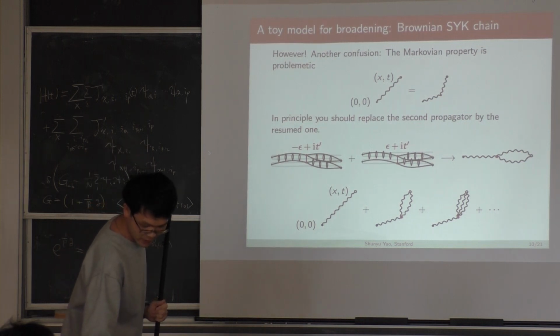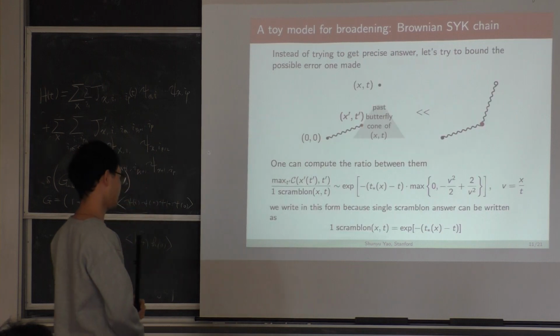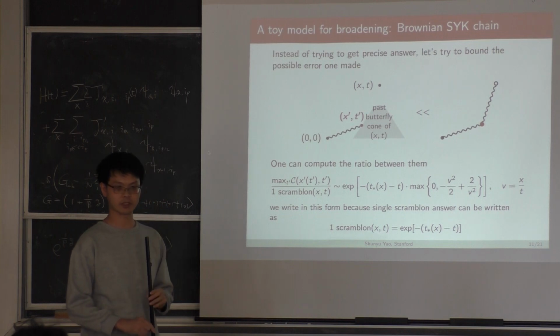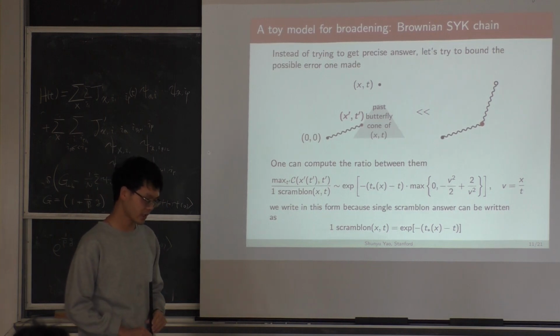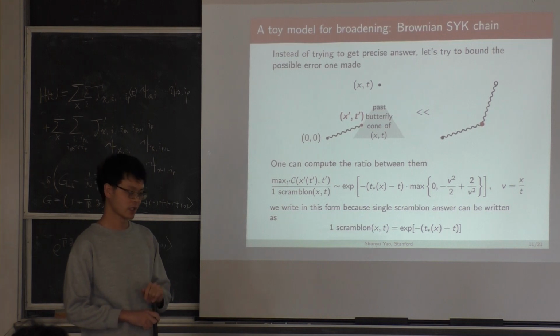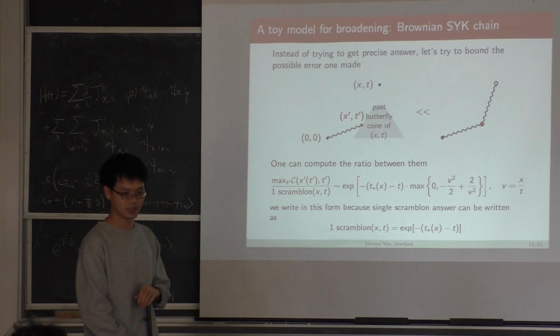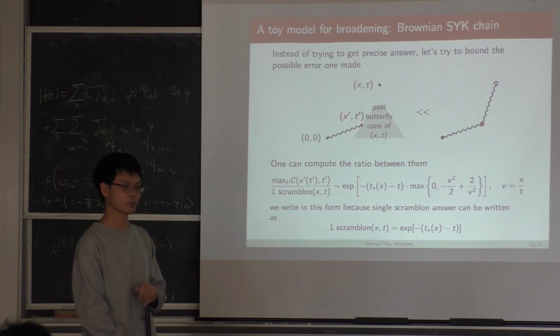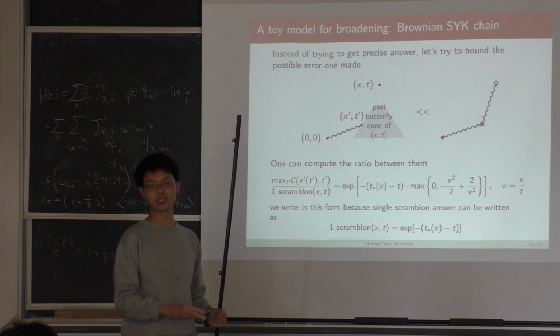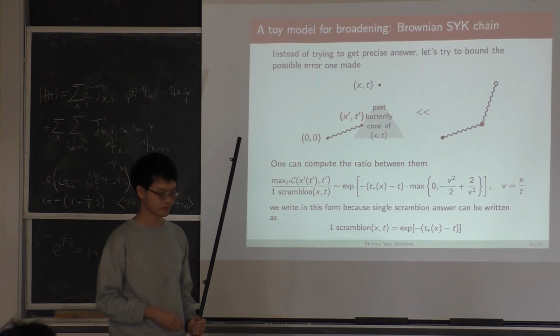Okay, so that's a lesson here. But what we are trying to do is, originally we talked about this single scrambling propagator, this HH propagator, and we say that it gives you a sort of sharp control by saying that HH propagator is equal to some order 1 number. But now what we study from the last page is that propagator itself cannot be precise, because that propagator satisfies this Markovian property, which shouldn't be a right property for a physical system.